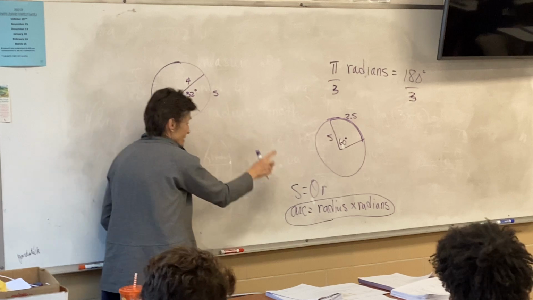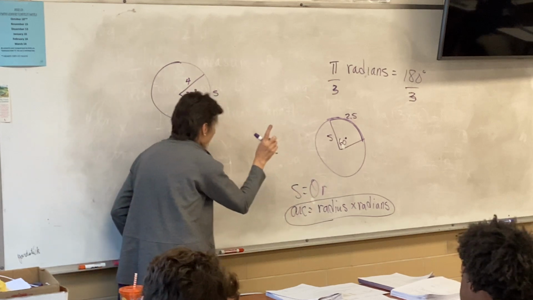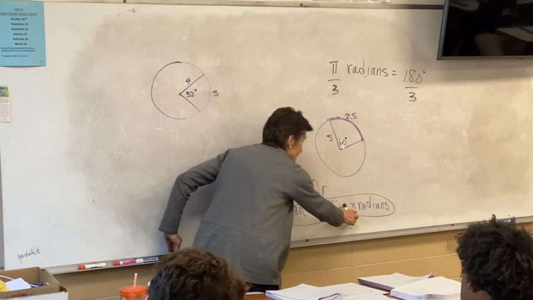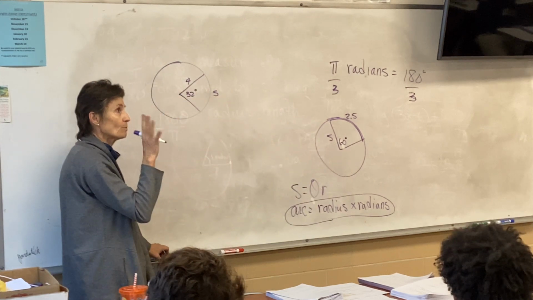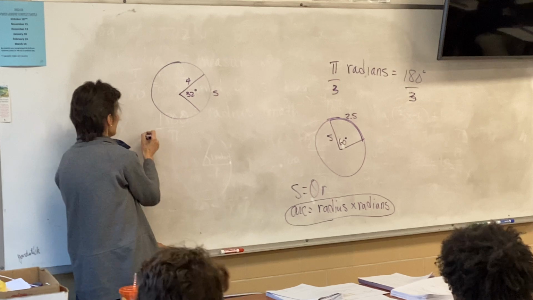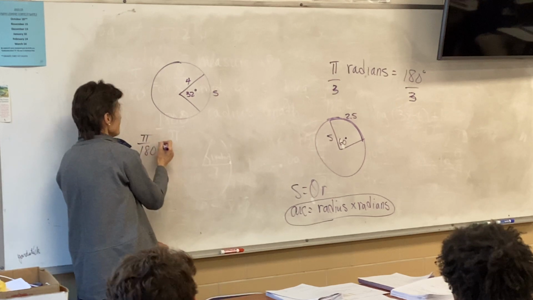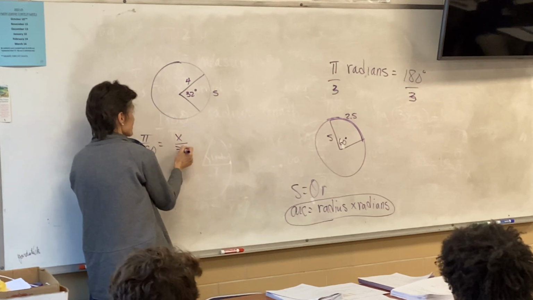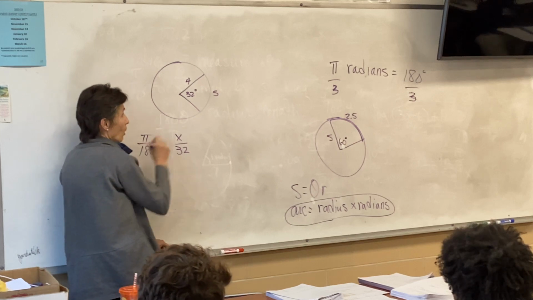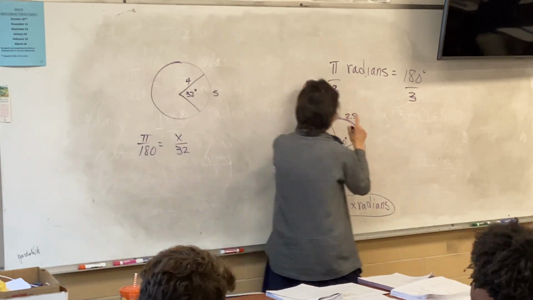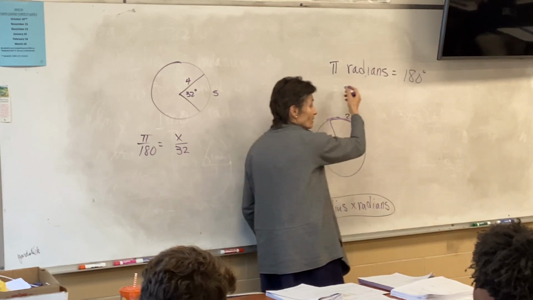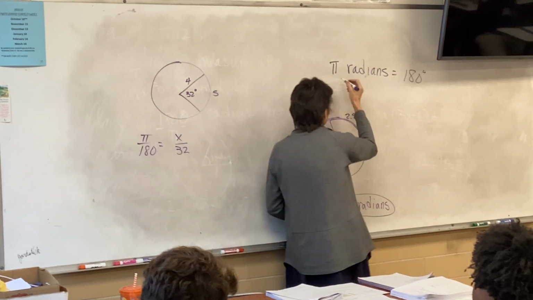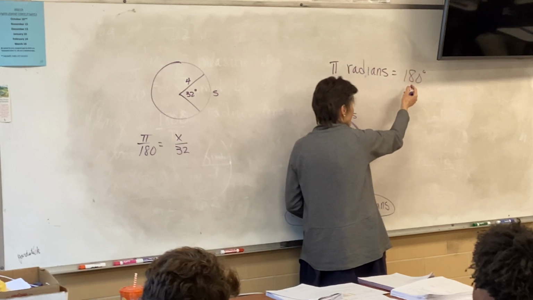This is the situation. The problem is that's degrees and I need it in radians, right? So I'm going to remember that little proportion, pi is to 180 as something is to 32. Or you can come back up here to this relationship right here, and figure out, okay, if pi is 180, what's 32?